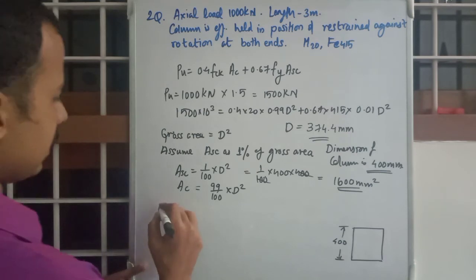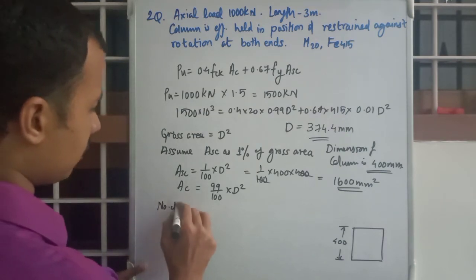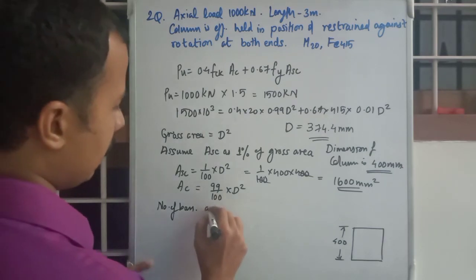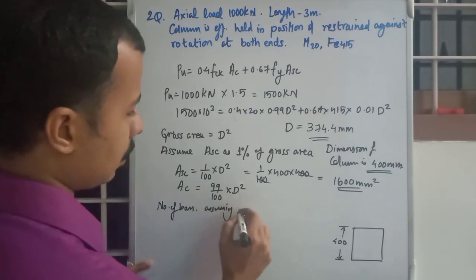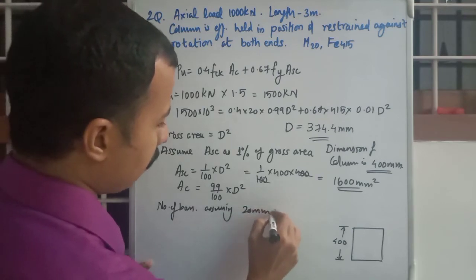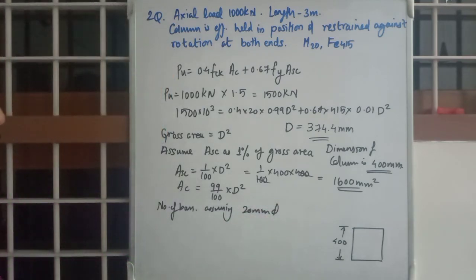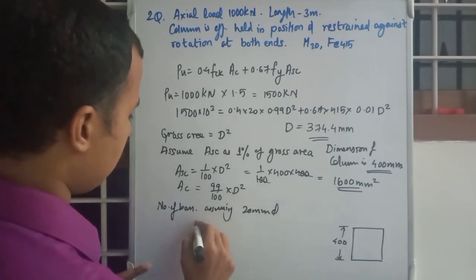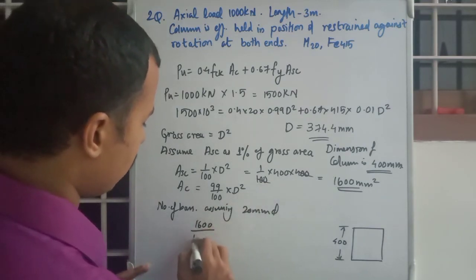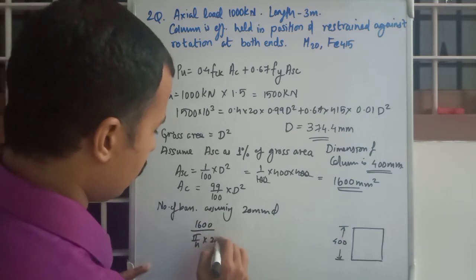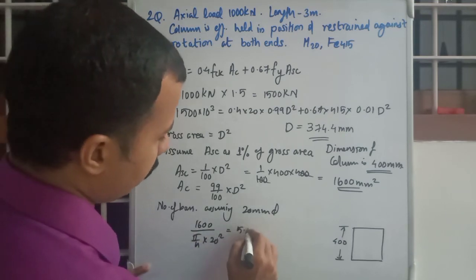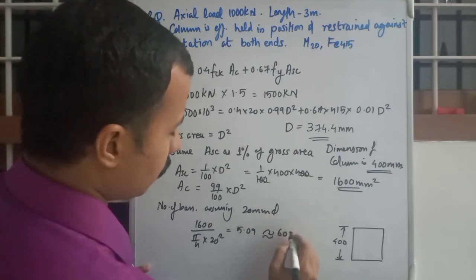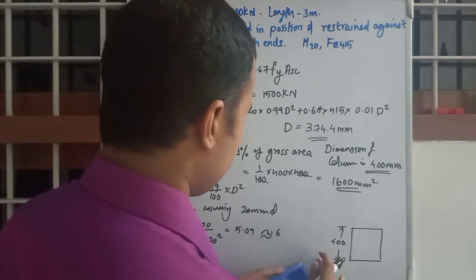We just calculate the number of bars, and here we will assume 20 mm diameter bars. So 1600 divided by pi by 4 into 20 square, that will be 5.09 something. You will round it up to 6 numbers.